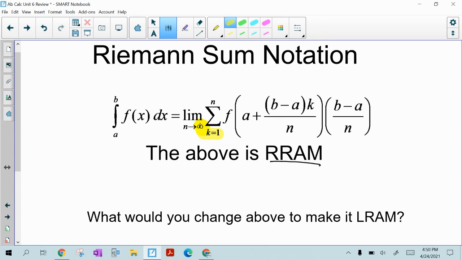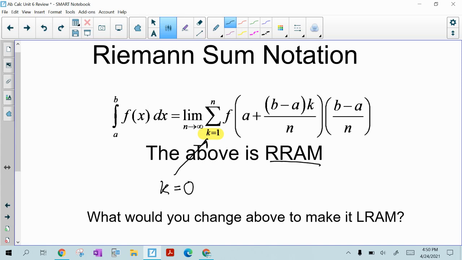Since I'm going up to infinity up here, I really don't need to worry about that, and I really can't change anything there. But the problem is that by starting my k at 1, I've added in one of these to begin with. So what could I do to knock this down? Very simply, instead of starting at k equals 1, I could start at k equals 0. Have the exact same expression, except started at k equals 0.